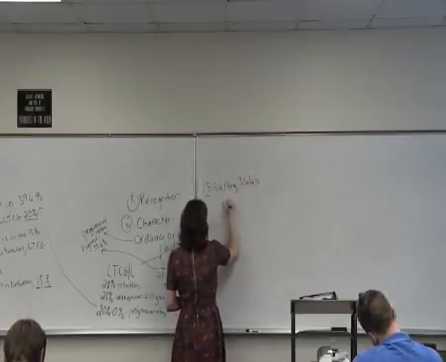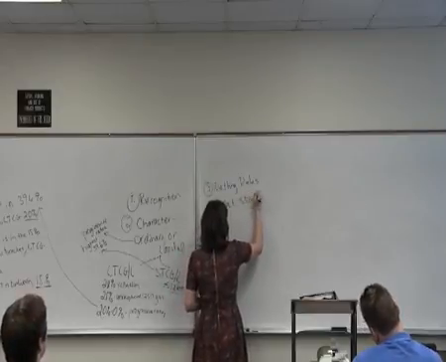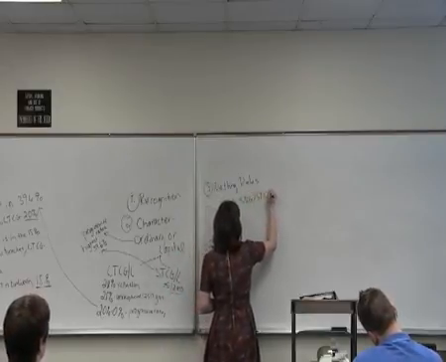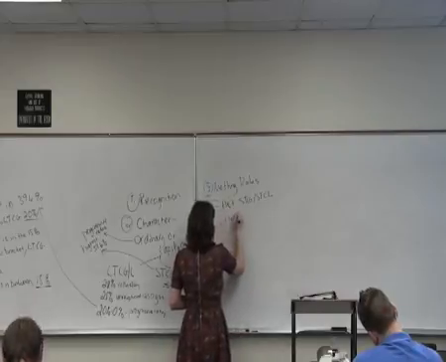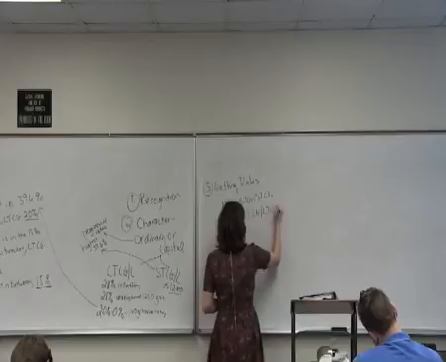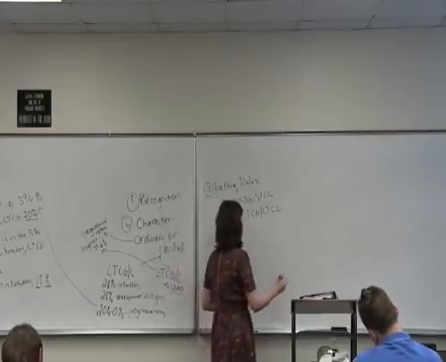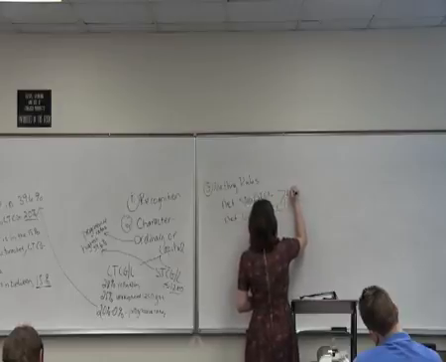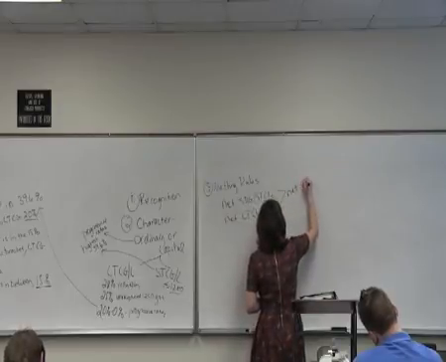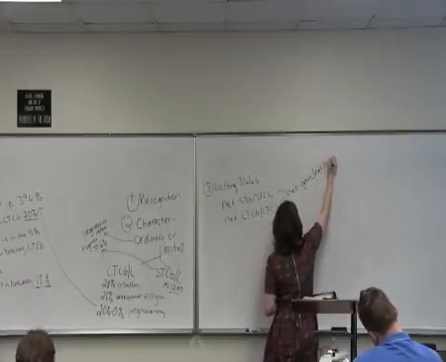With the netting rules, we net short-term capital gains with short-term capital loss. We net long-term capital gains with long-term capital loss. Then you can net this to get a net gain or a net loss.